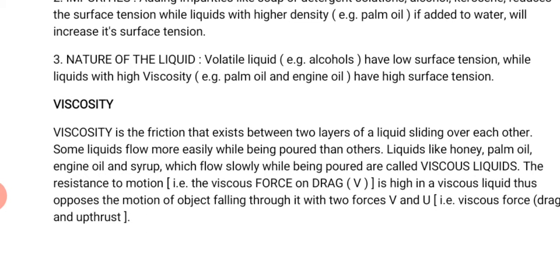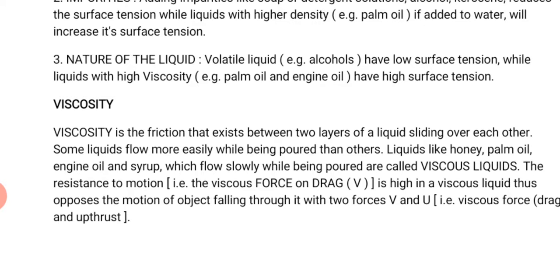Nature of liquid. Volatile liquids that are easily dried off when poured on the surface of an object have low surface tension, while liquids with high viscosity, e.g. palm oil and engine oil, have high surface tension.